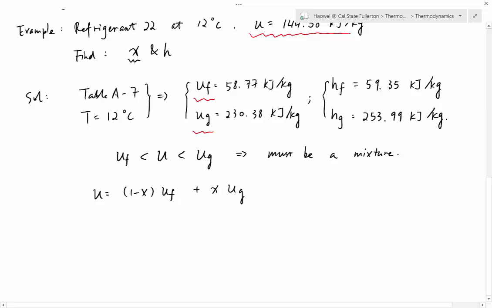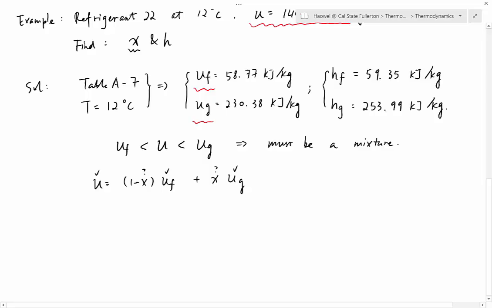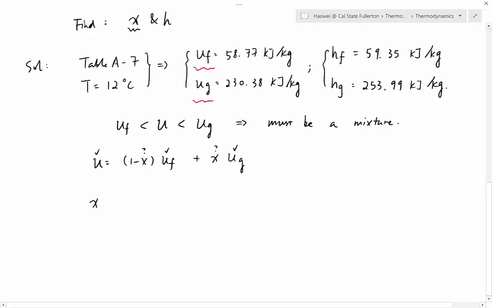Okay, let's take a look. What do we know and what do we not know in this equation? We do have u, we do have uf, we also have ug, and the only thing I don't have is quality x. One equation with only one unknown. This is perfect. We can easily look for x. Okay, so then what you do is perform algebra. Move x to the left-hand side and then everything else to the other side.